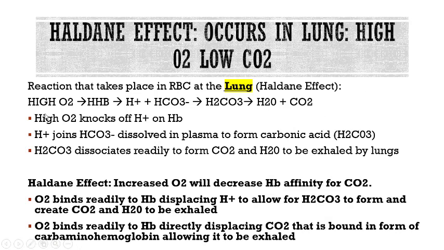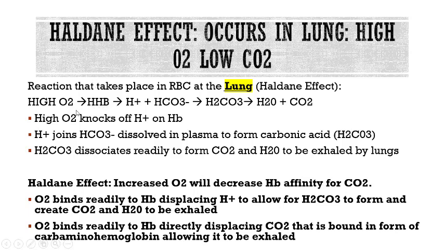So we have had our tissues create one version of this reaction. Now, when this hemoglobin gets to our lung, the Haldane effect is going to take place. So you have high oxygen, which is going to want to change the affinity of that hemoglobin again, and it's going to knock that H plus off that hemoglobin.